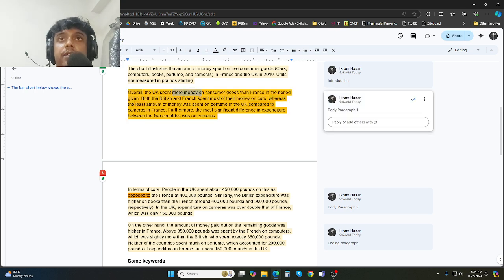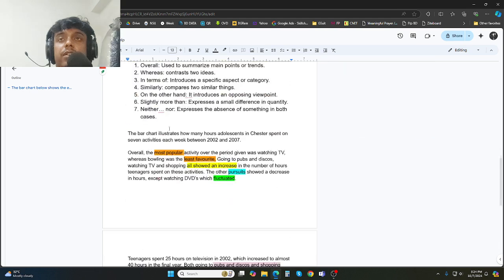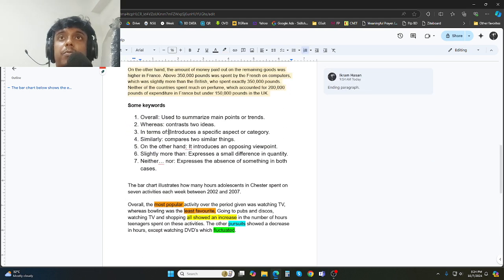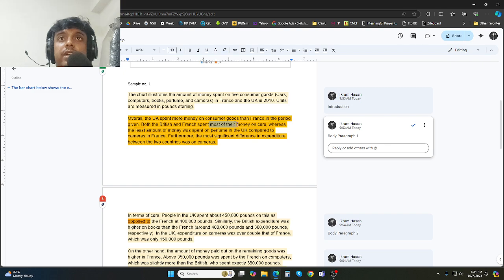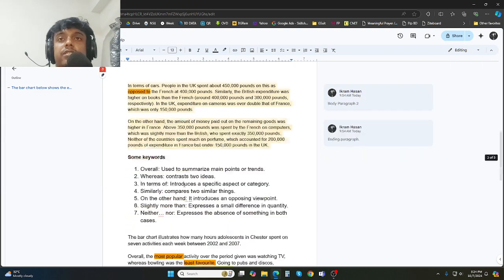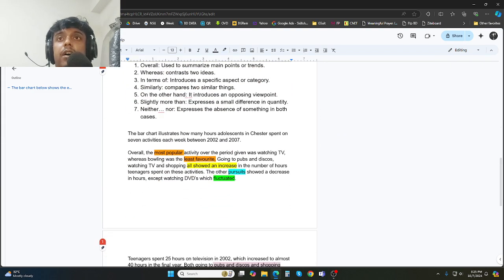So are we seeing the similarities? Most popular, most money, more money. Most of their money on cars. So over here, the most popular activity was watching TV, whereas bowling was the least favorite.